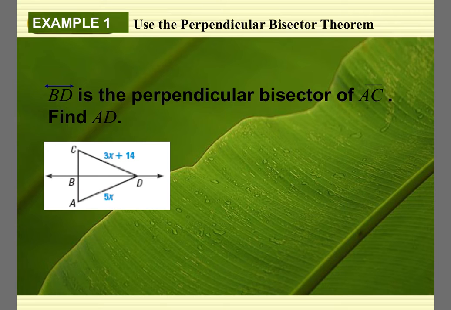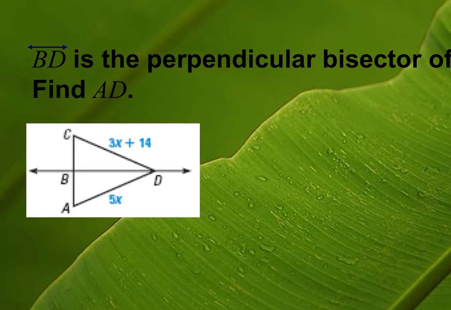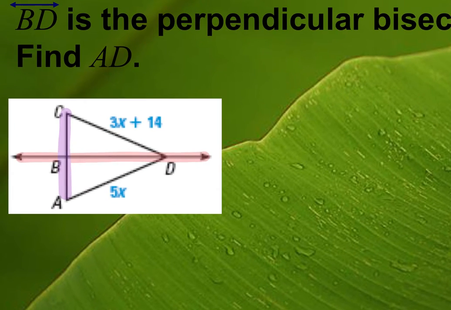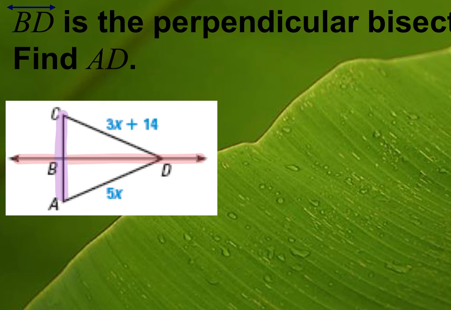All right, and then this is one of the ways you'll see it. It says BD is the perpendicular bisector of AC, and that's important because it's not marked in the picture. So BD is the perpendicular bisector of, what does it give you? AC, which means it meets it at a right angle and it cuts it into 2 congruent segments.